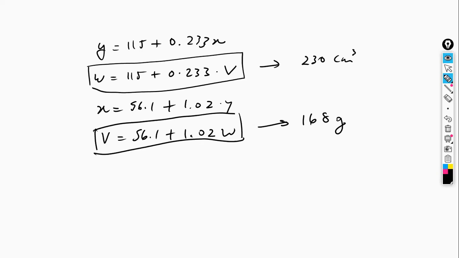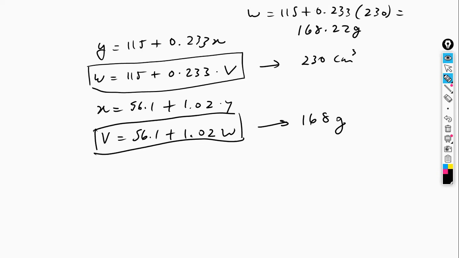So all we have to do is plug this in, right? So W, the weight, is going to equal 115 plus 0.233 times 230. And then from this, we're going to get that the weight is 168.22 grams. So that's the weight of a 230 cubic centimeter fruit.